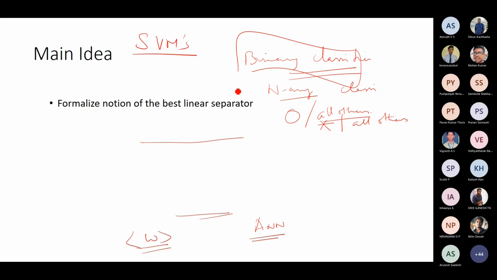Actually, you can convert this to an n-ary classifier, by doing something like one against all. So you can have a huge data set and then you say, if it is not this category, it is some other category, and then recursively apply for the other scenario. So you have categorized the first class.